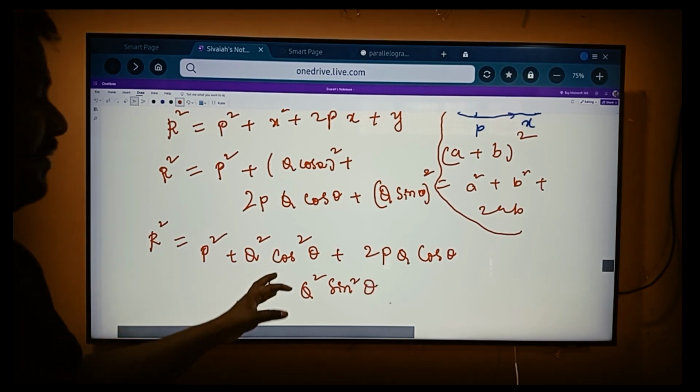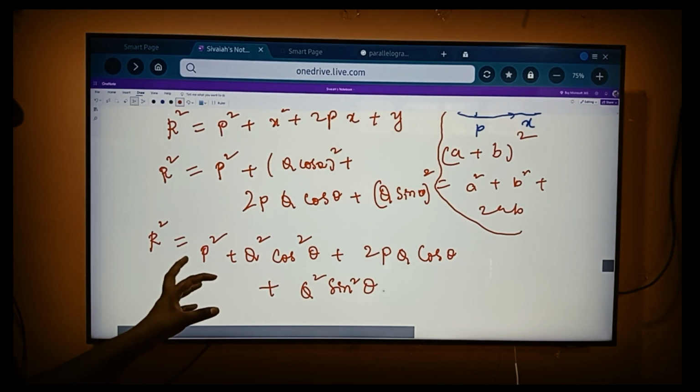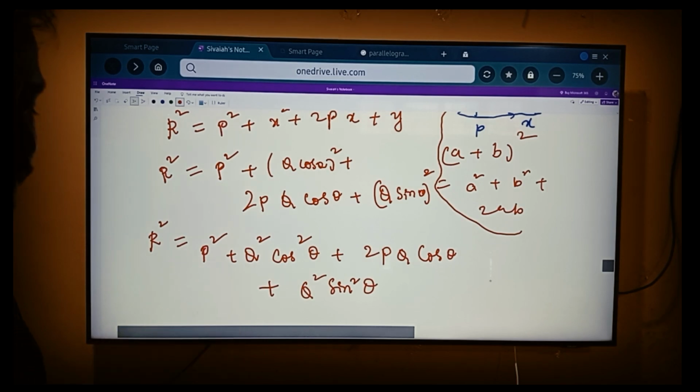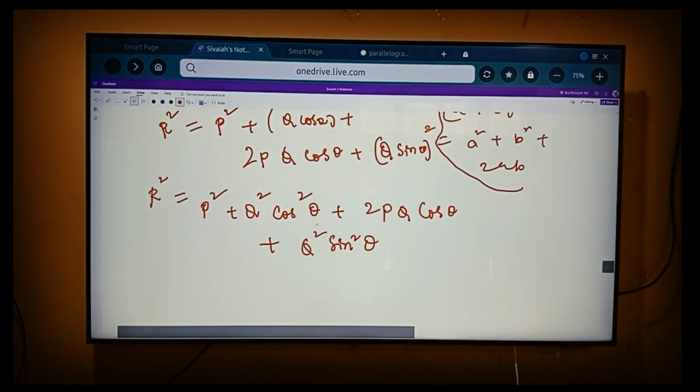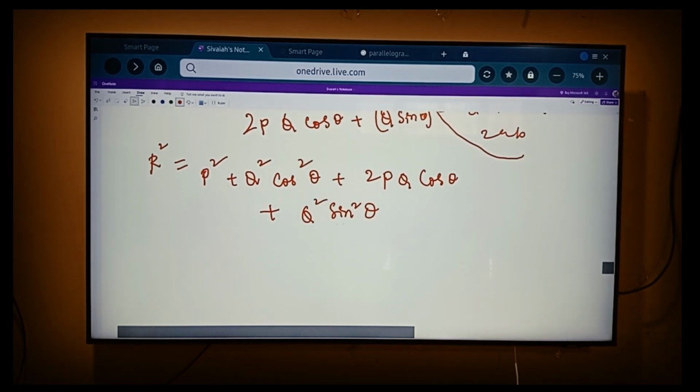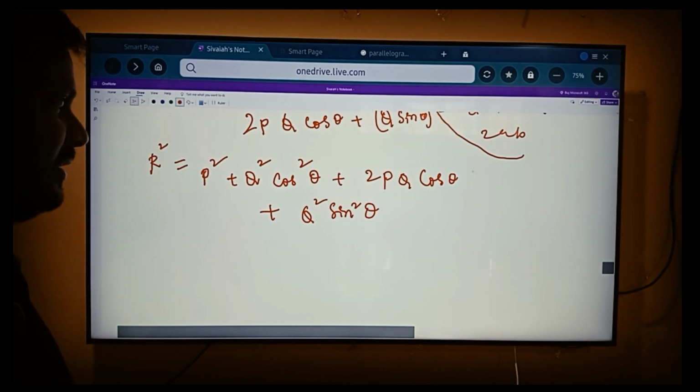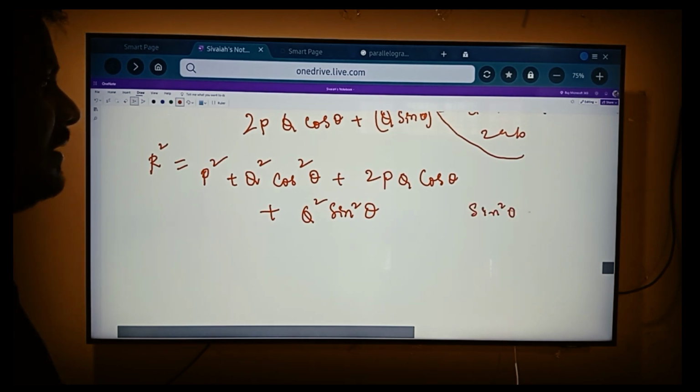So we know from the trigonometric identity, cos square theta plus sin square theta equal to 1.